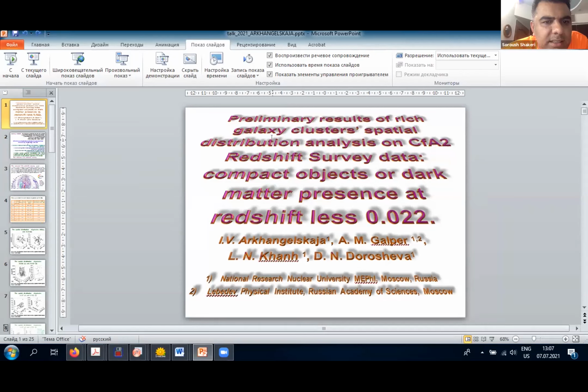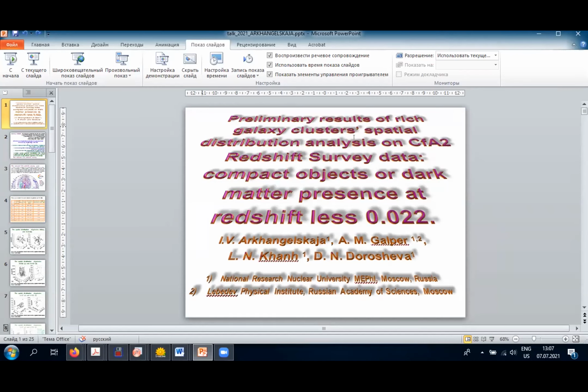No, it is normal. You can make it full screen. Unfortunately, there is a problem with full screen. Okay, no problem. You can continue whatever you want. Both are okay for us.